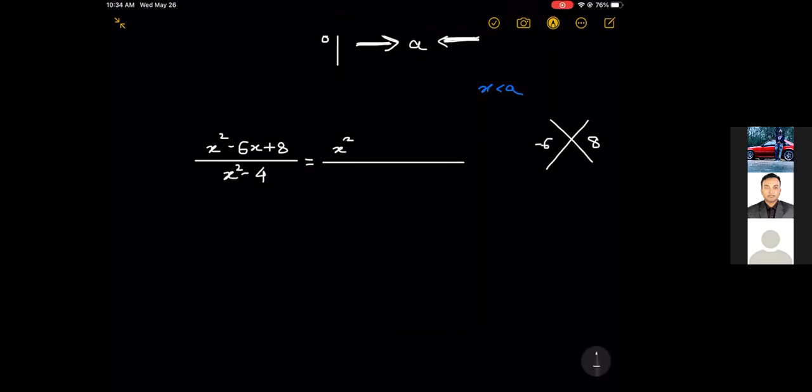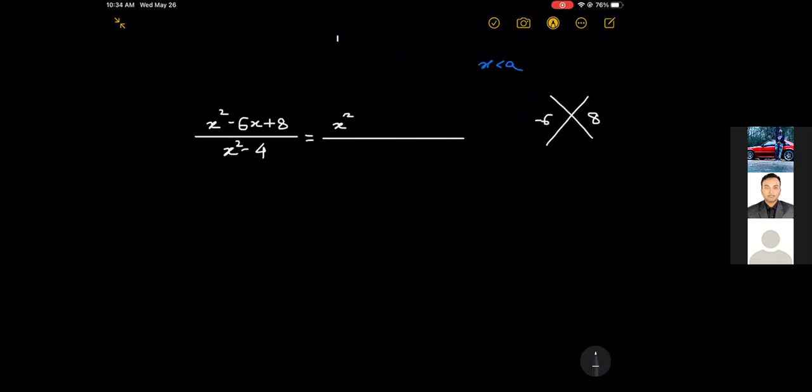So we are looking for two values whose product will be 8 and sum will be minus 6.